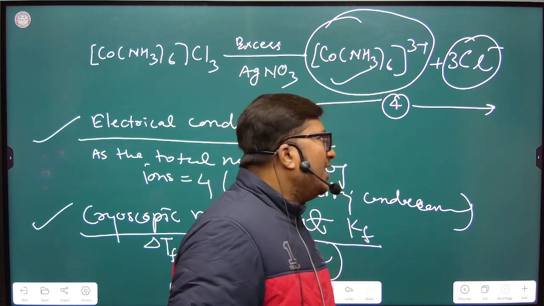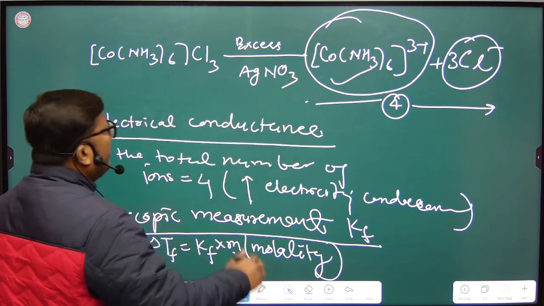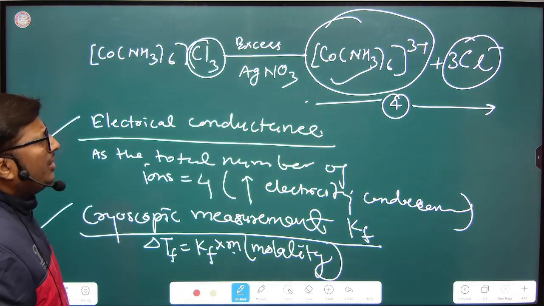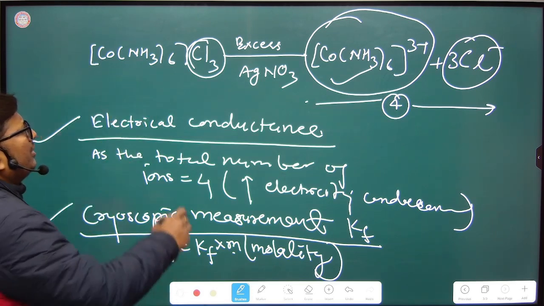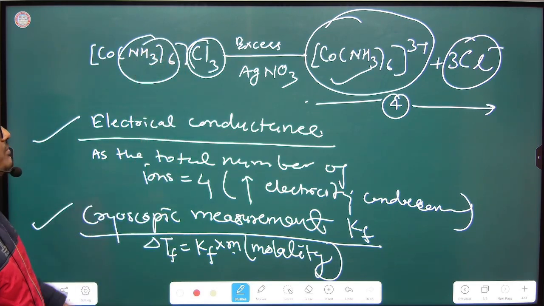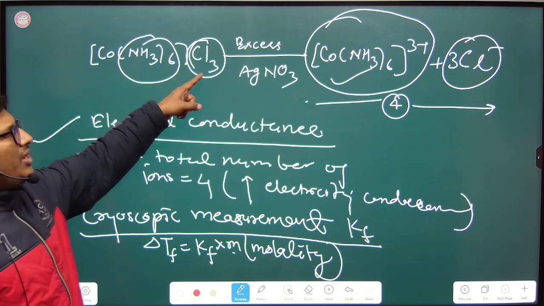Primary valency is ionizable. You can see that the 3 Cl is ionizable. And secondary valency is non-ionizable. The ammonia molecules present in the coordination sphere are not ionizable, and this is ionizable.